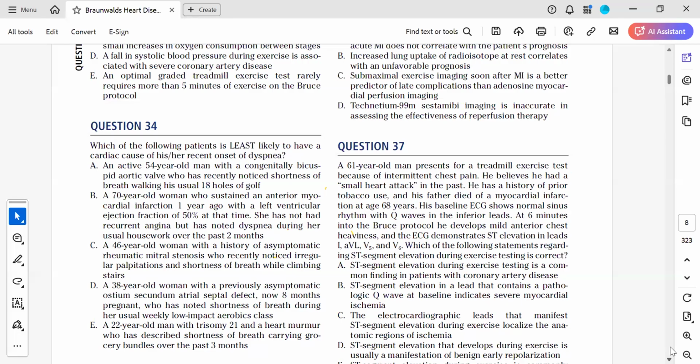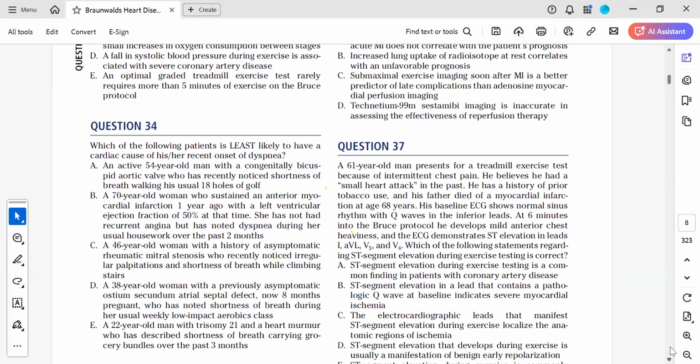The second was a 70-year-old woman, an elderly woman. She sustained an anterior MI 1 year ago, and had a left ventricular ejection fraction of 50% at that time.